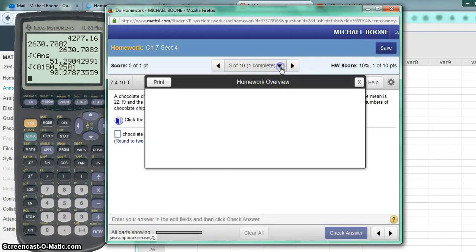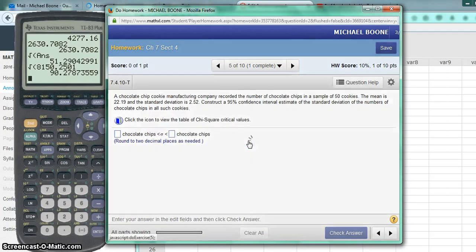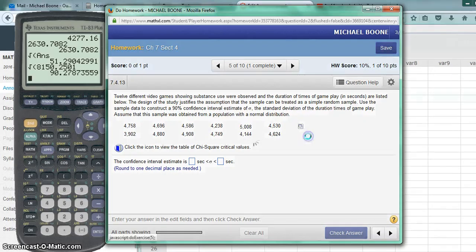Another one that we're going to look at is number 5. On number 5, we were given data. We're again asked to estimate the confidence interval for the population standard deviation. We're going to do the same thing as before. It's a 90% confidence interval, except I'm going to open my data in StatCrunch.